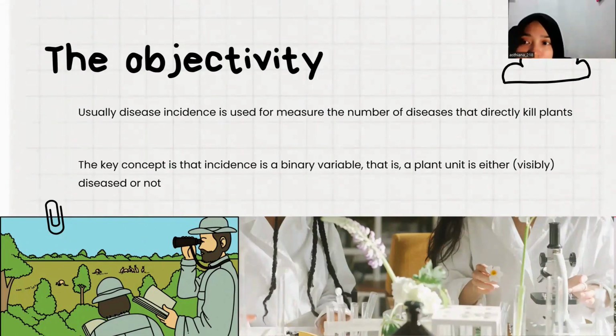So in this case, we don't have to know how severe the disease is in that plant. We just have to know whether this plant is attacked by disease or not. So it's simpler than disease intensity.